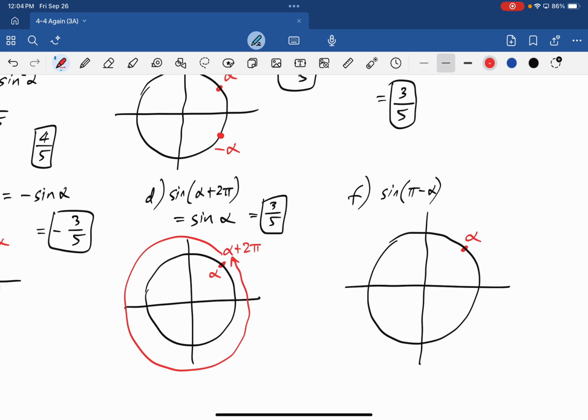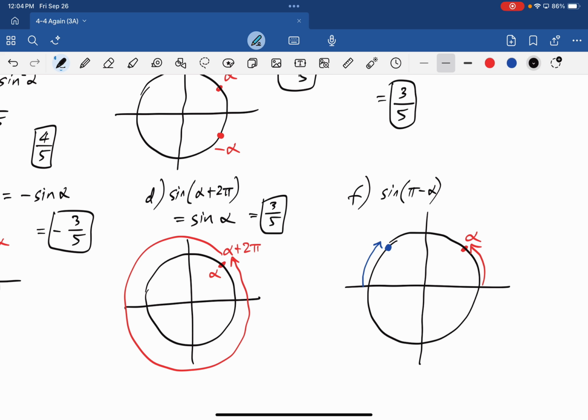In order for this point to be alpha, we're basically starting at 0 and going counterclockwise alpha, right? Well, what's pi minus alpha? That's none other than starting at pi and then going alpha backwards. So that places us at that point. And that's simply just an inversion across the y-axis, right?